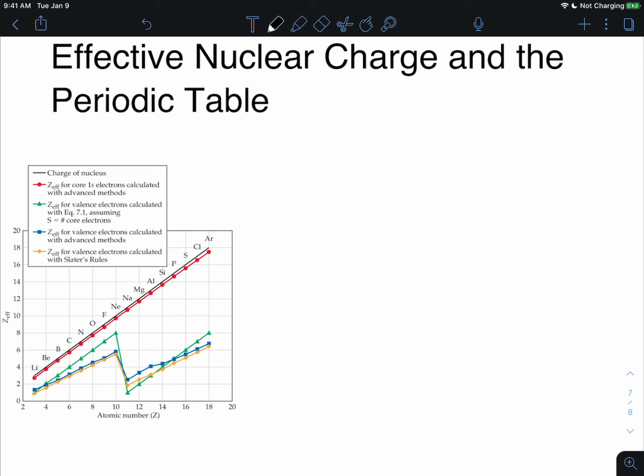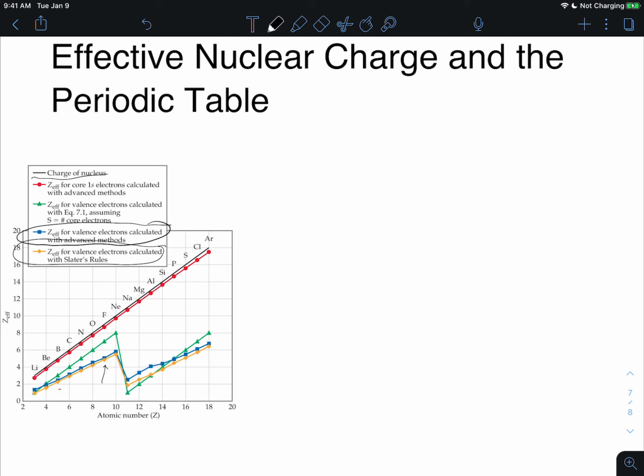When we think about how good of a calculation this is, we can compare our Z effective using a couple different ways. Our black line is the charge of our nucleus, and our different methods of calculating our effective nuclear charge are shown in different colors. Slater's rules are in yellow, and we see it's in very good agreement with the blue line.